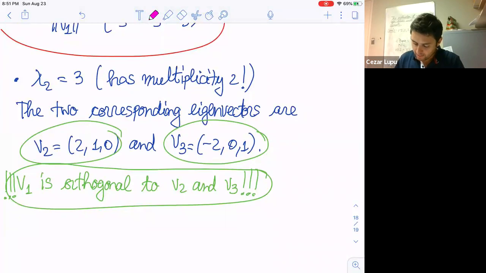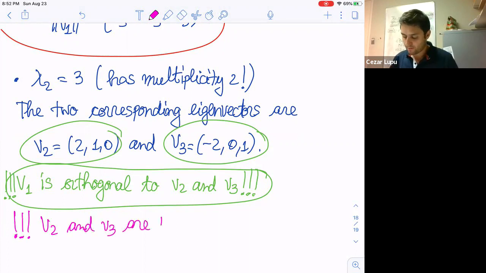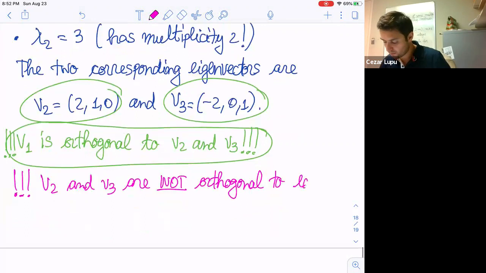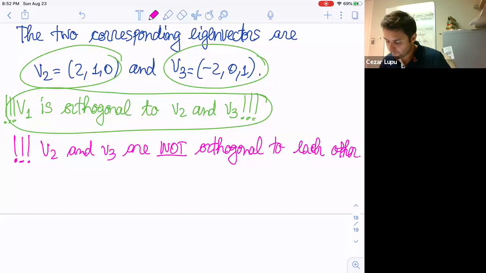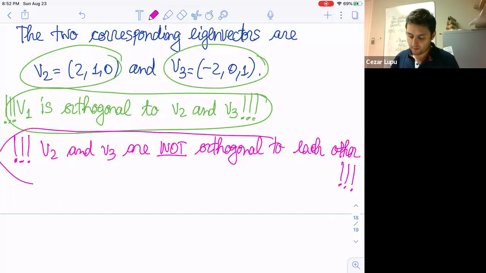But V2 and V3 are not orthogonal to each other. This is important. And now guess what?